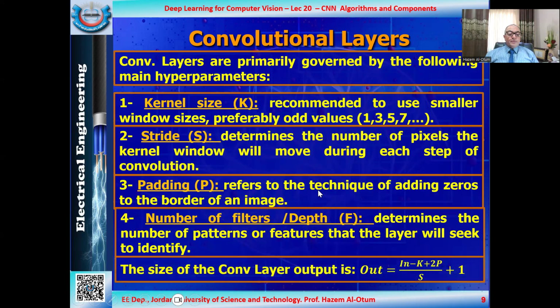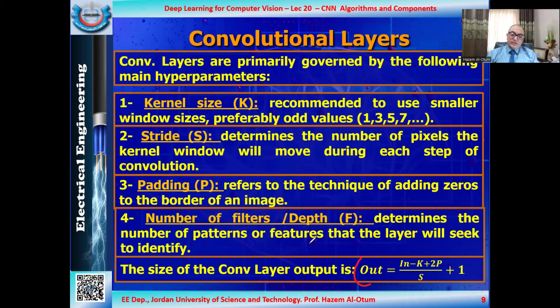Now, after applying convolution to an image of size n by n, we want to find out what the size at the output is. If you have an input n by n, what will be the size of the output? Simply, this equation will help you define the size of the convolution layer output.